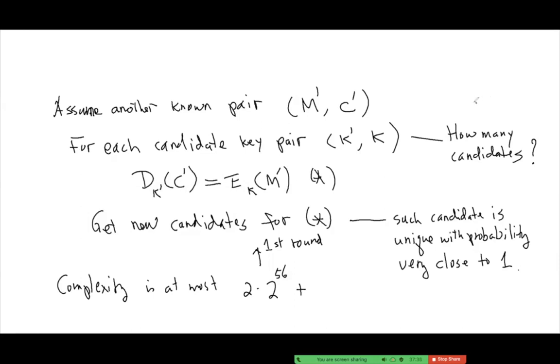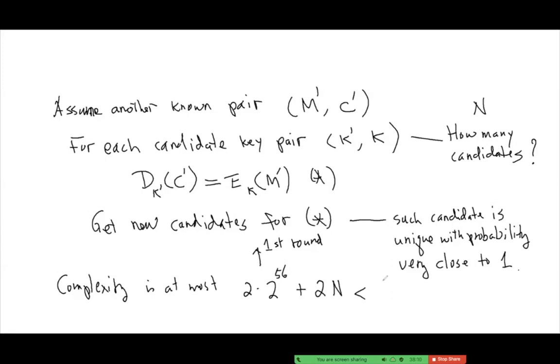Let's say N pairs. This time you do N for each pair. You want to do this many encryptions, and you want to do this many decryptions. So that's 2 times N. In the worst case, N will just be 2 to the 56.